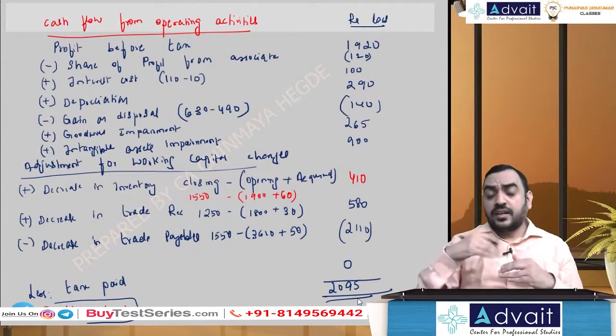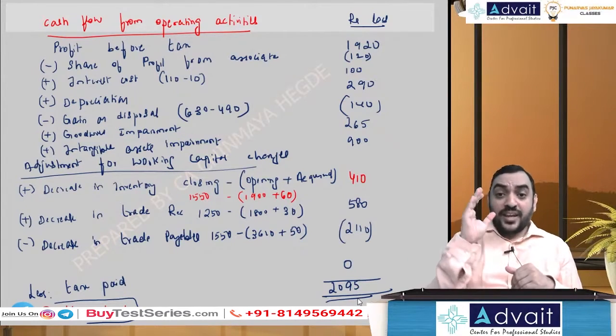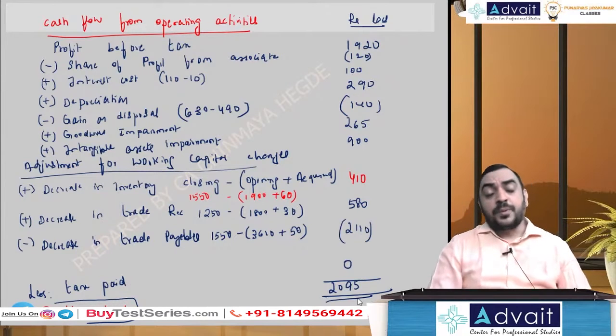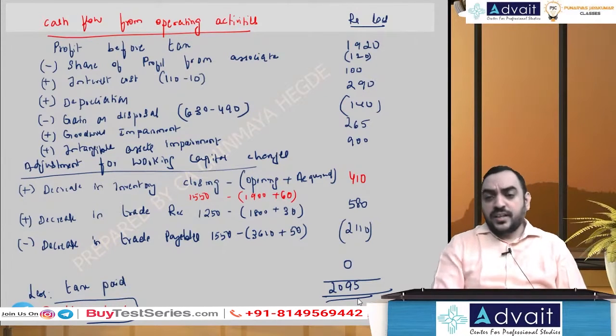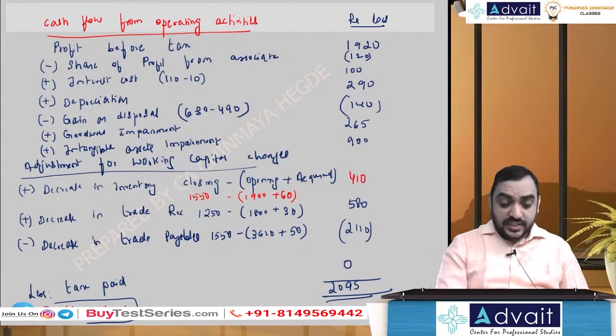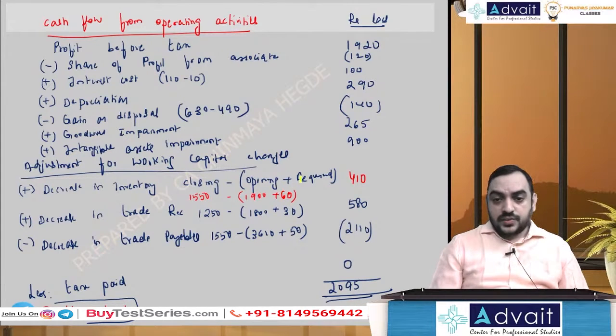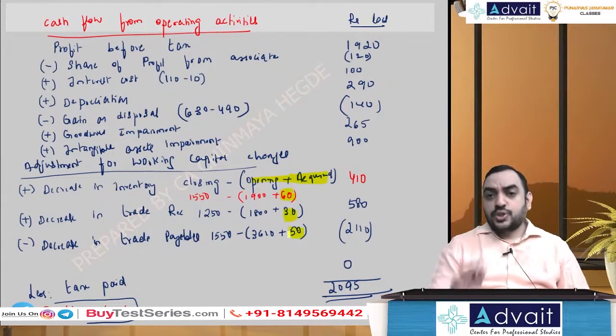I will not prepare the net cash flow, but just for understanding purpose, I'll quickly prepare the extracts. Before that, do you have any doubts in these calculations, especially this what is acquired that needs to be adjusted? So basically, you're understanding what is happening.